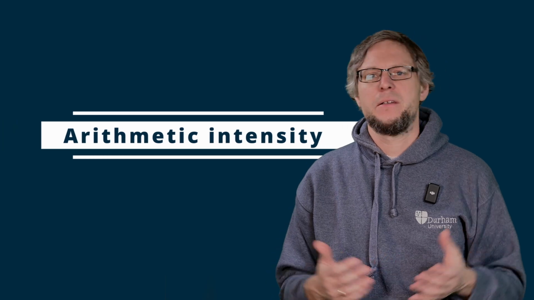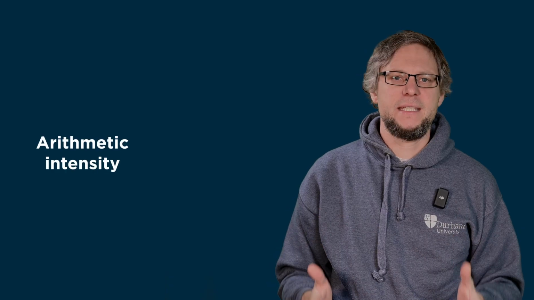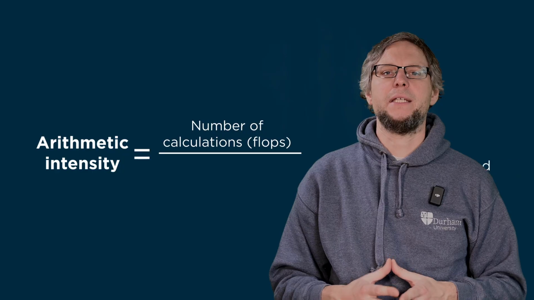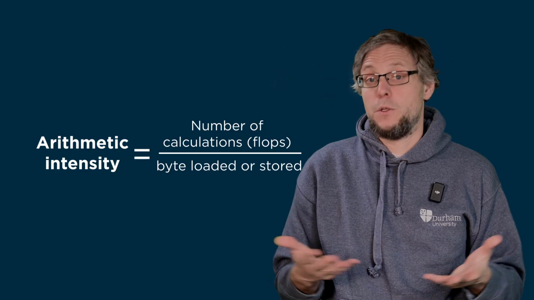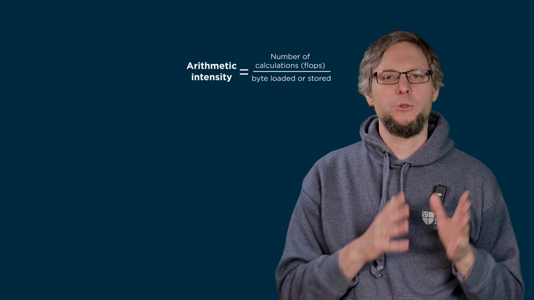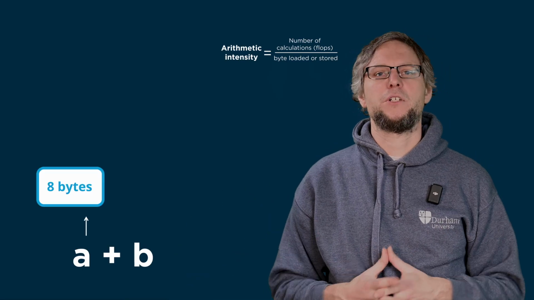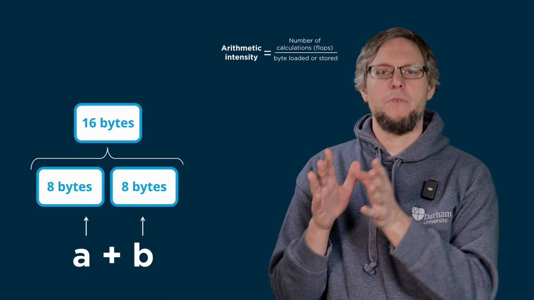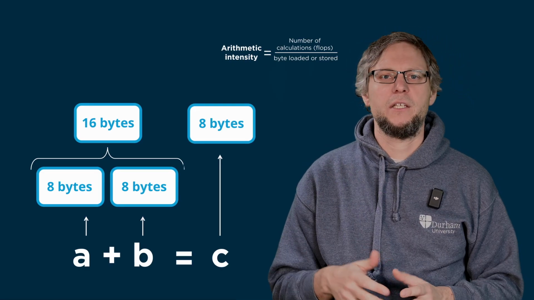To quantify these properties, we can rely on something we call arithmetic intensity. Sometimes we say computational intensity. Arithmetic intensity means number of calculations, flops, per byte loaded or stored. So for example, if we compute A plus B and both are double precision, so 8 bytes, we load 16 bytes, we store 8 and do one calculation.